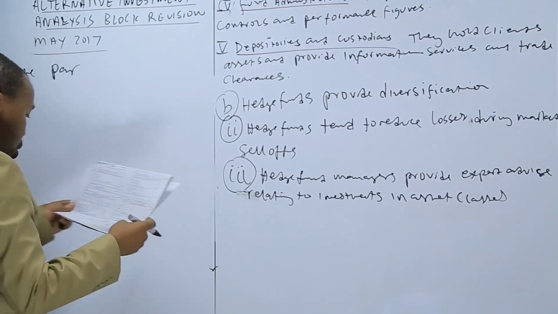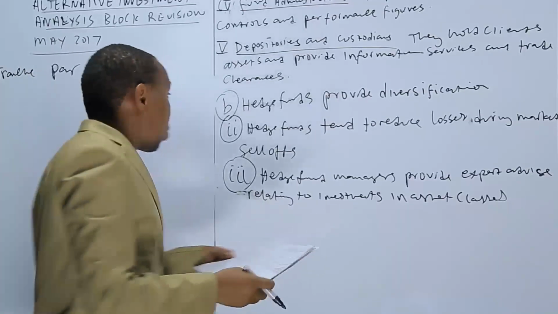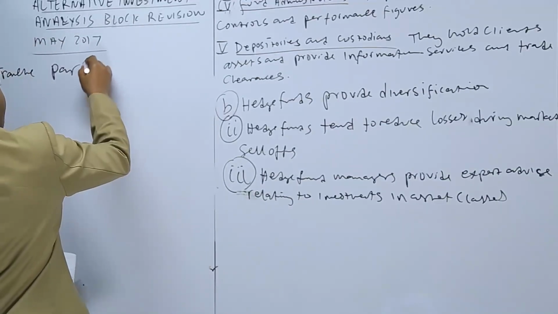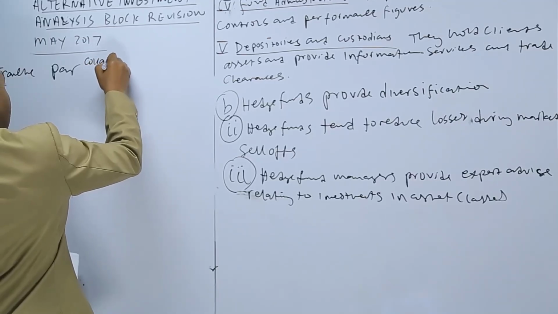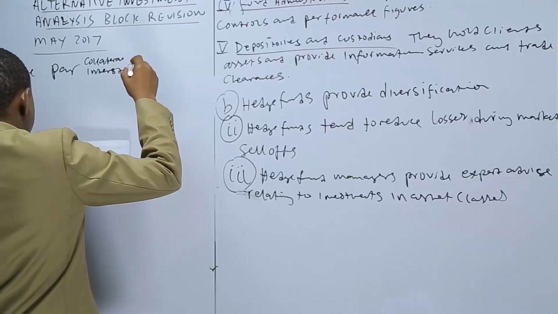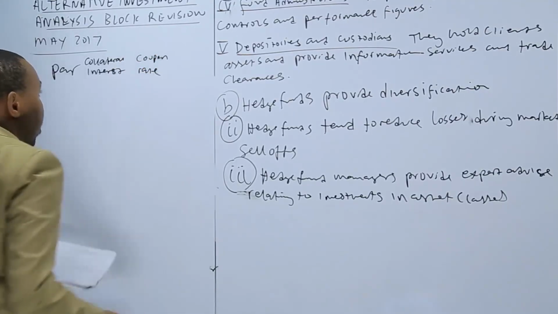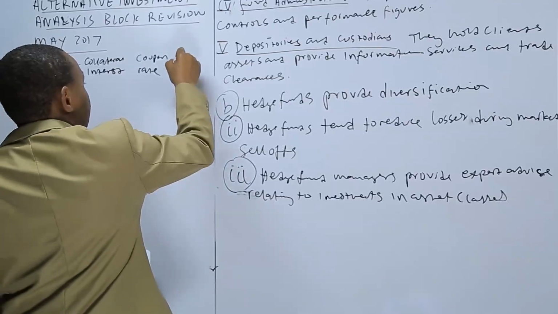Rather, before we put the coupon, we need to have the collateral interest rate, and then we have coupon rate, and then we have excess interest.